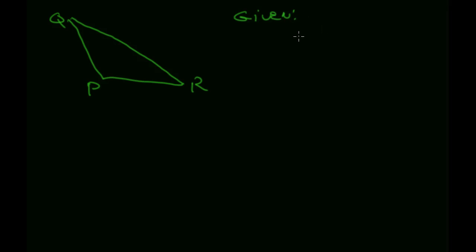Given that the measure of angle P is bigger than the measure of angle R, we want to prove, okay, so what's across from P? P is across from QR. So we want to prove that QR has to be bigger than whatever's across from R, which is QP. And so I'm going to prove that QR is bigger than QP. Okay, so what we're going to do is use this indirect proof idea.